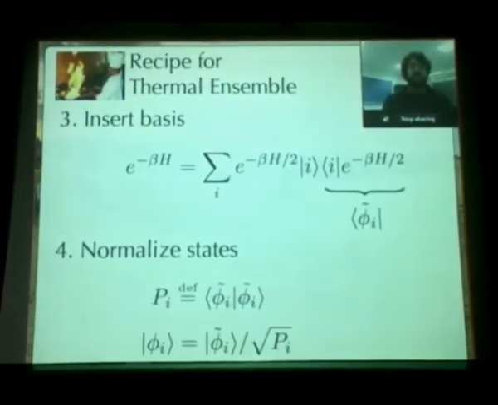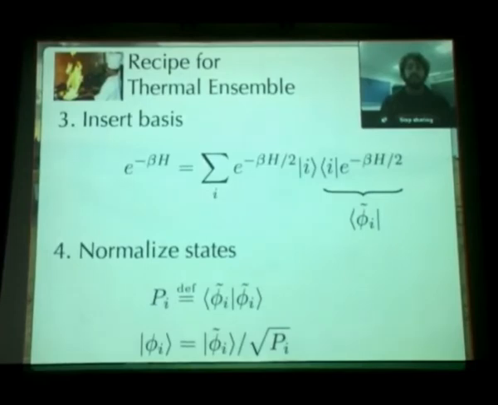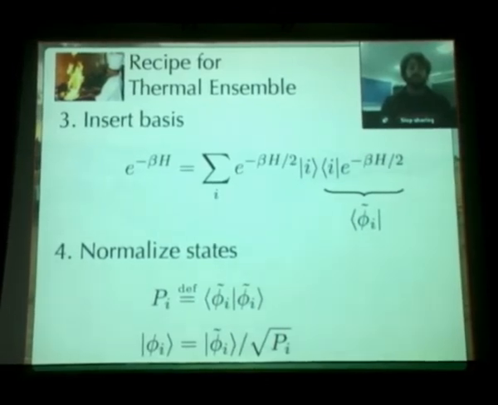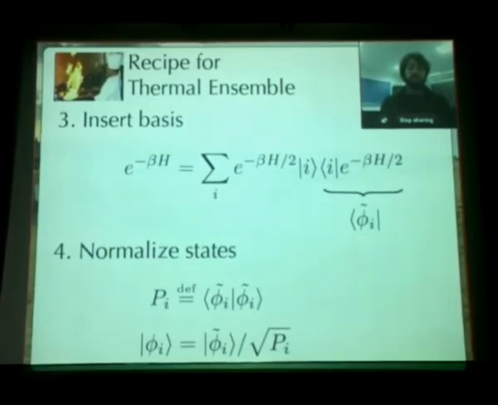The question was, where did this beta h by 2 come from? The beta h by 2, as I understand it, is because you want to sample e to the minus beta h. So what you're doing is taking the square root of e to the minus beta h. Why? Because you want to then go to these classical states.